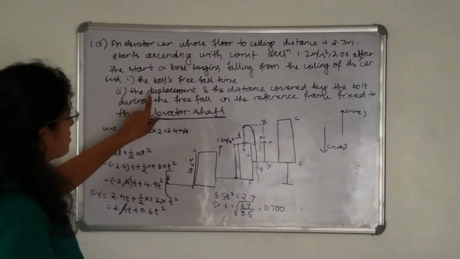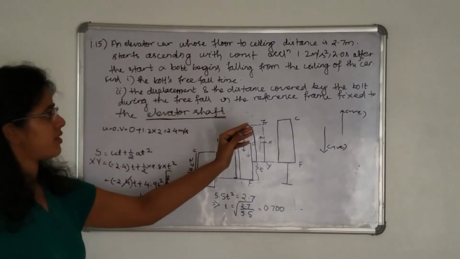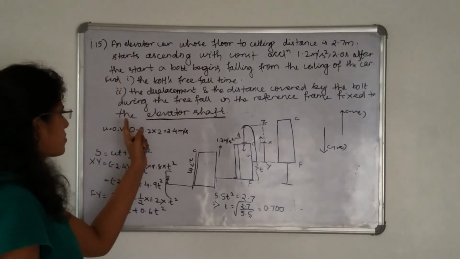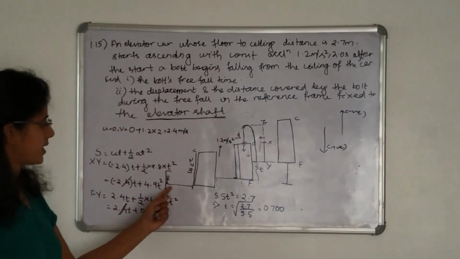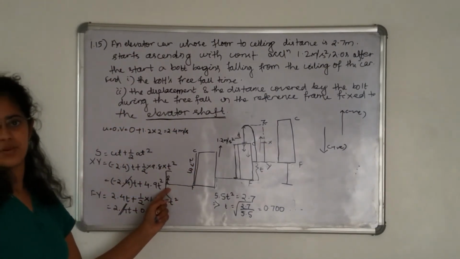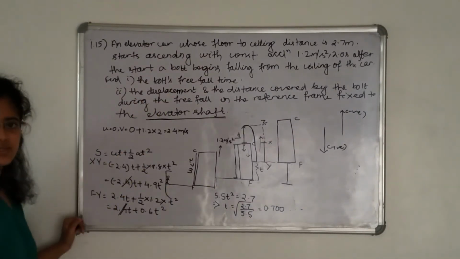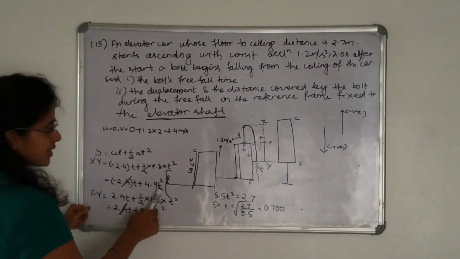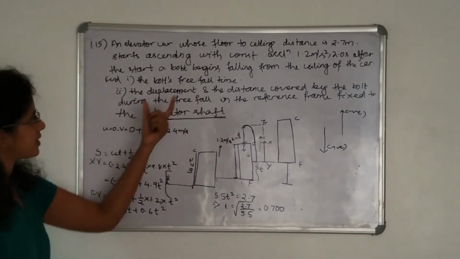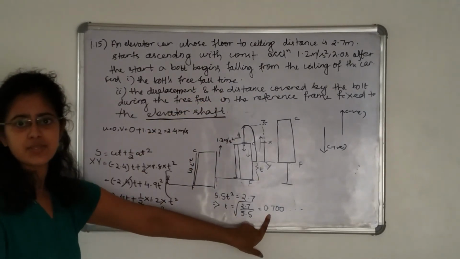The next question is the displacement and the distance covered by the board during the free fall in the reference frame fixed to the elevator shaft, means fixed to the ground, that is fixed to the yard frame. So displacement is how much? We have calculated here the displacement, that is minus 2.40t plus 4.90t square. The free fall time we have calculated is 0.7 second.